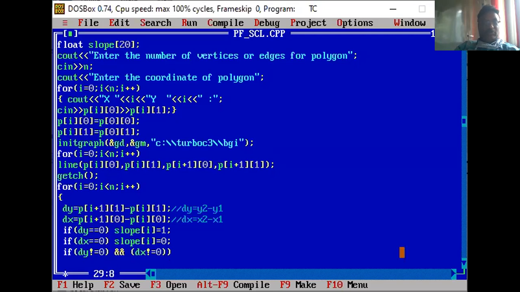If both are not equal, so that I put in the bracket. जर असेल तर पहिले 1 घ्या, नसेल तर तुम्ही slope calculate करा. So what is the slope then? Slope of I is equal to what? That you have to divide as float, dx by dy. So again the question in your mind, why am I considering dx by dy?